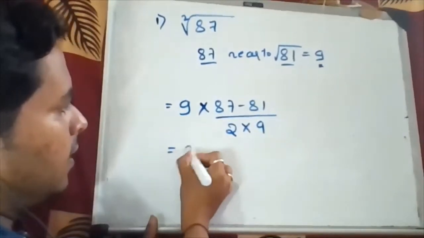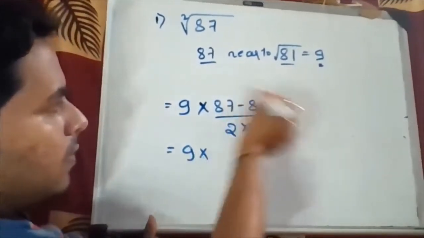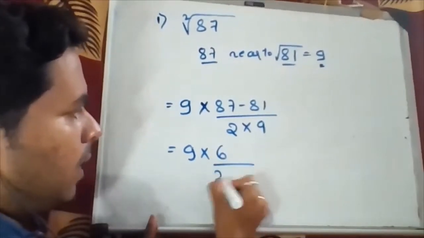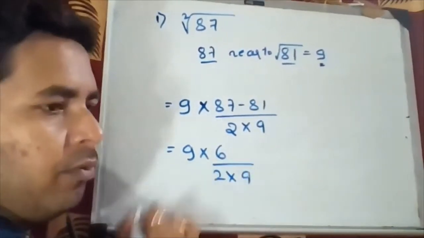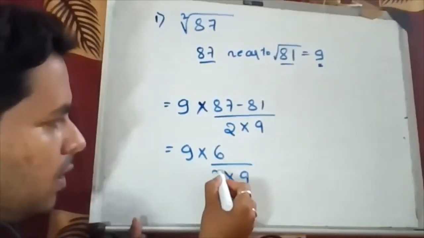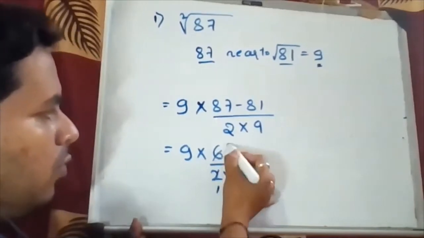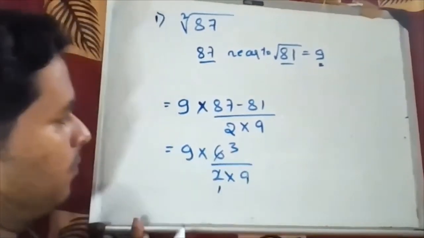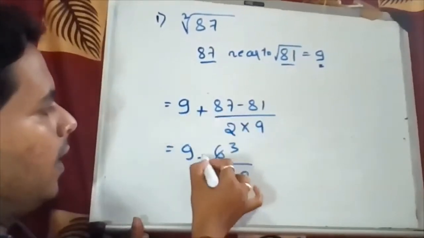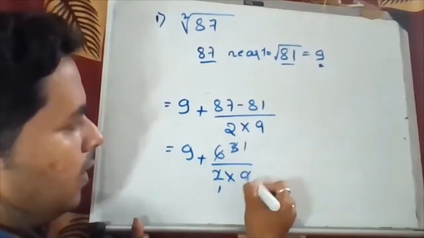Now 87 minus 81 will be 6, divided by 2 into 9. If you simplify this, 2 ones are 2 and 2 threes are 6, and here again 3 ones are 3, 3 threes are 9.